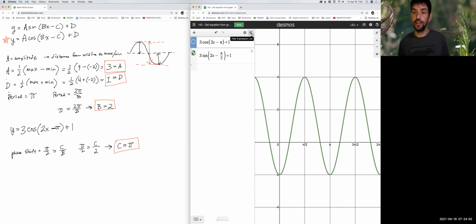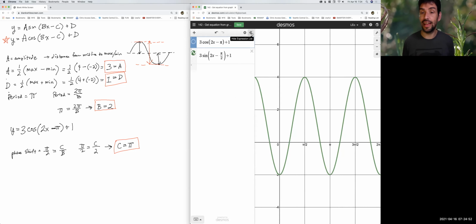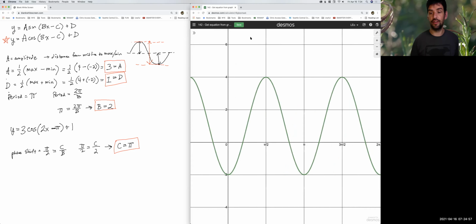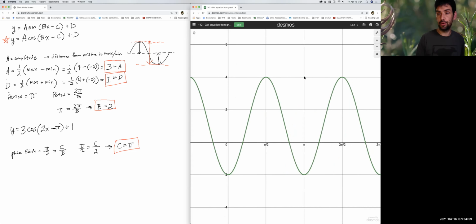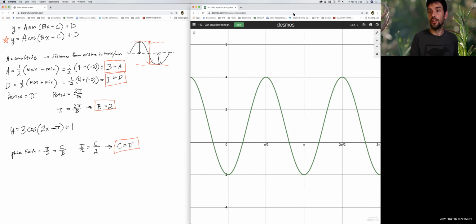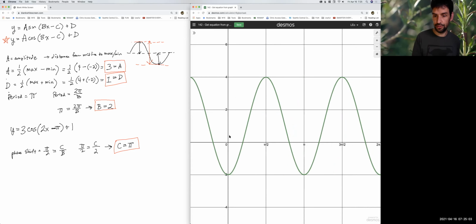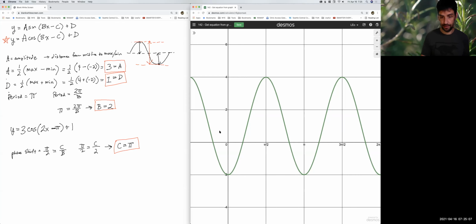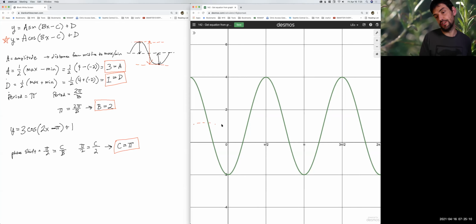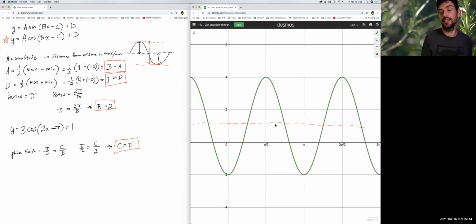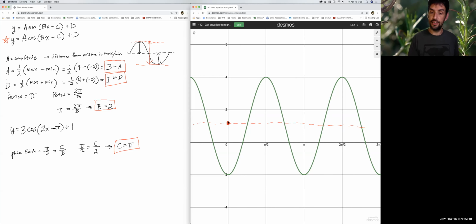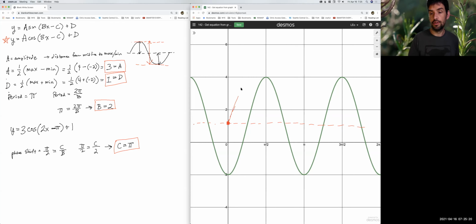And so this is, if we had thought about this as a sine graph instead of a cosine graph, everything I just did would have been the same. The amplitude is the same, the midline is the same, the period is the same. The big difference will be the phase shift. So let's do this drawing again. If we're thinking of this as a sine graph, at its midline, sine is usually at 0.